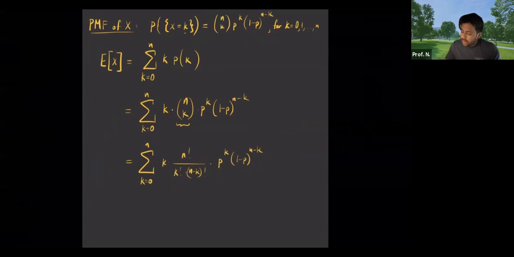Okay. Now, what happens here? So bear with me. You see there's a k here, and there's also a k factorial here. I can cancel out the k's, but when I cancel the k from the k factorial, I get k minus 1 factorial.